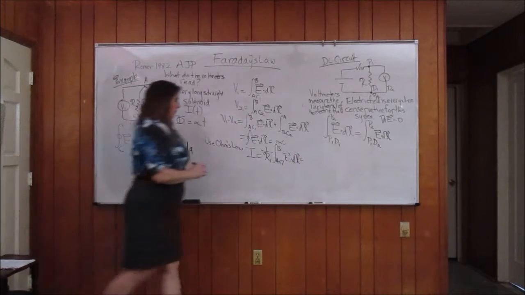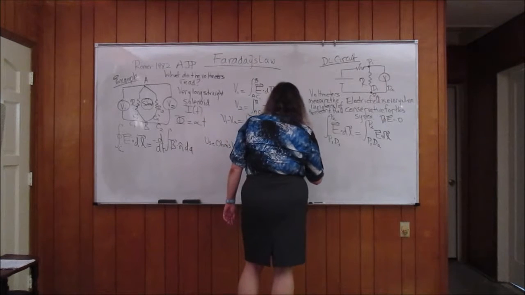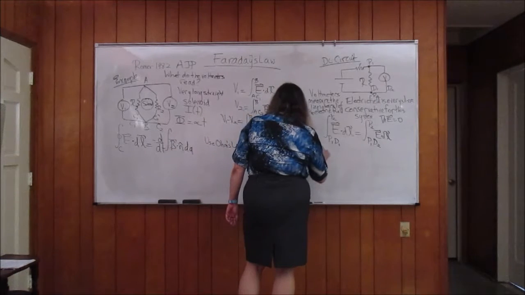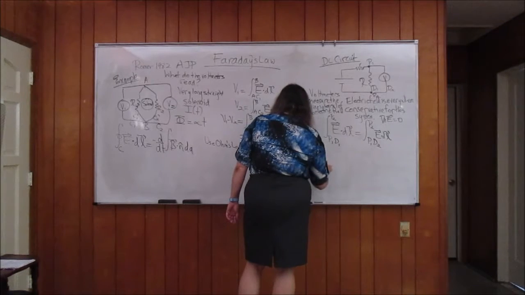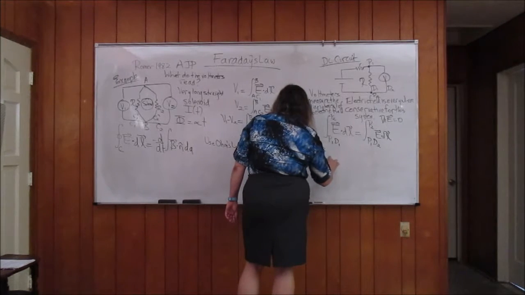That is also equal to minus 1 over R2 going from A to B along path C2, E dot dl.